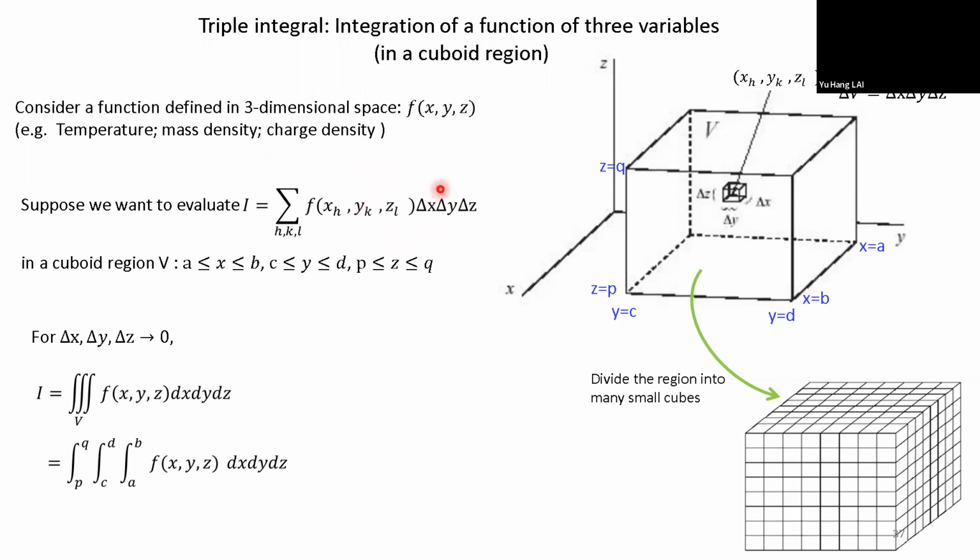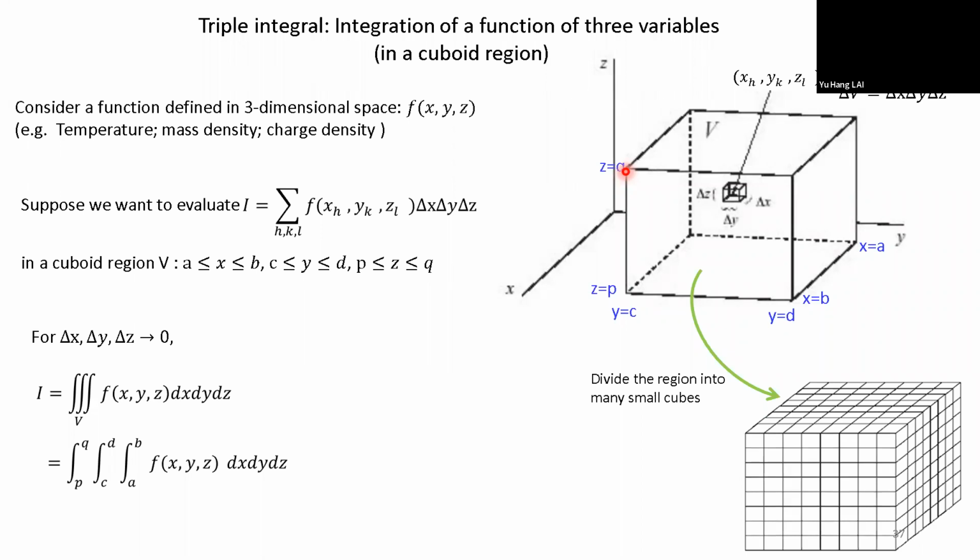Now, suppose I want to evaluate the following. You can see that I have this three-dimensional space here again. Remember, I'm not drawing any function here. As I said, I have difficulty in drawing a function of three variables. What I'm drawing is an integration region. Previously, I drew a rectangle to be the integration region.